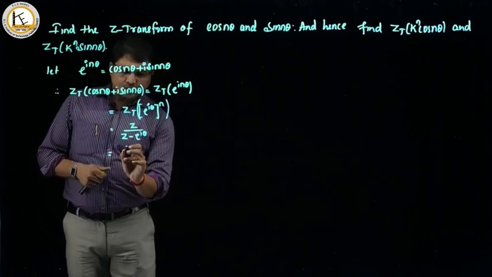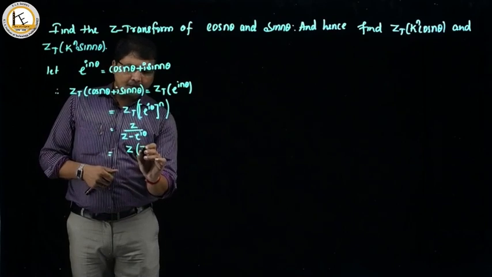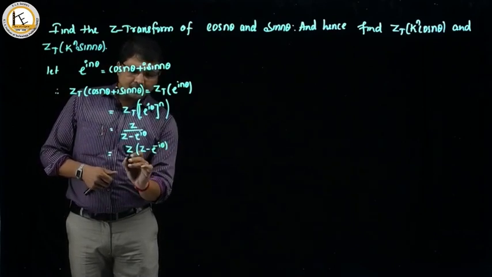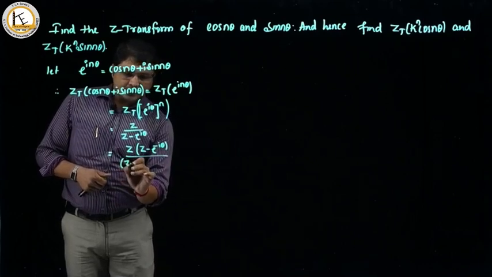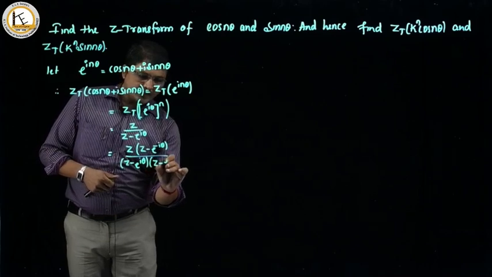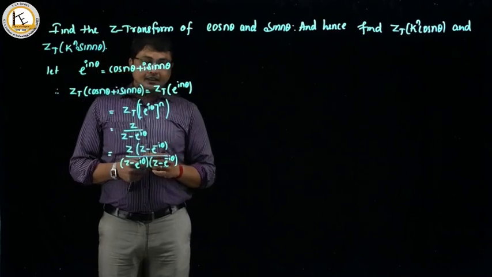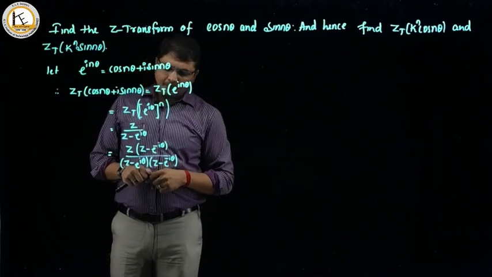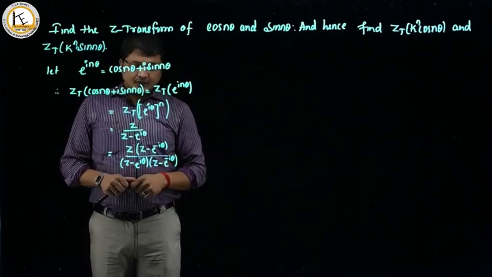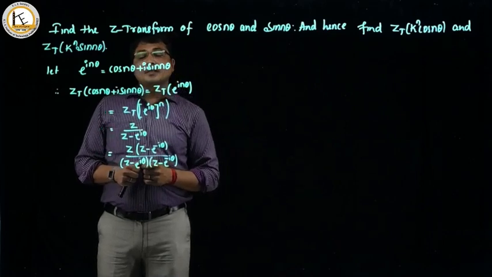I am going to multiply numerator and denominator by z minus e raised to minus i theta, in the numerator as well as in the denominator. Why am I multiplying by z minus e raised to minus i theta here? Just to separate the real and imaginary parts.